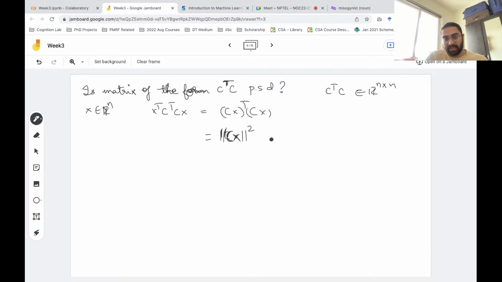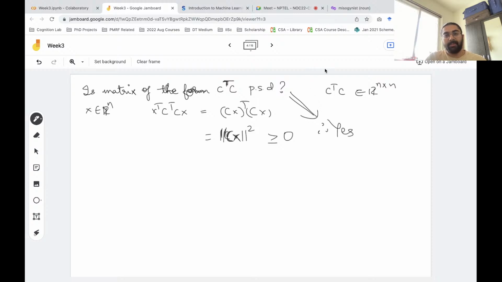So this quantity is the norm of this particular vector Cx, and we know that norms are always greater than or equal to 0, right? So hence, a matrix of this form C transpose C is always going to be a PSD matrix. Okay, the answer is therefore yes.